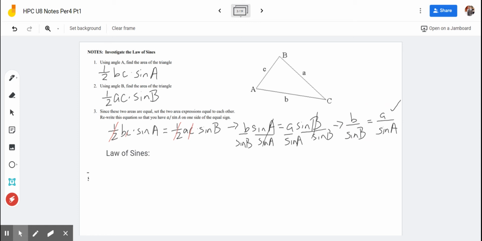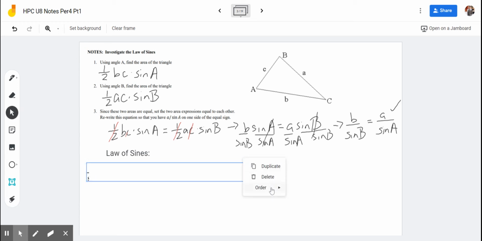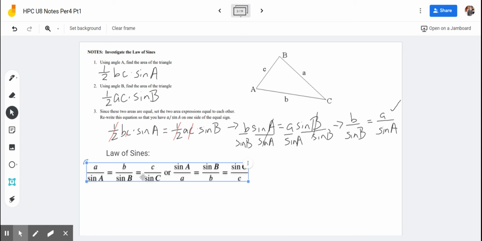All right. And this is a version of the law of sines. You can have the lowercase letters be the sides and the uppercase letters be your angle measures. You can have it written like this, or it could also look something like this. Basically, you just want any two of these ratios.